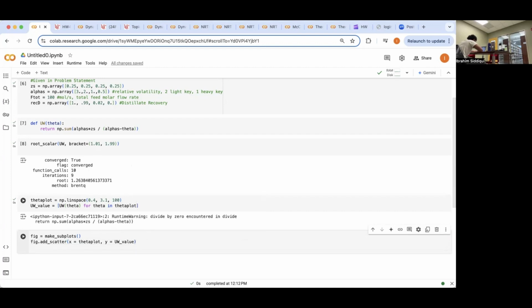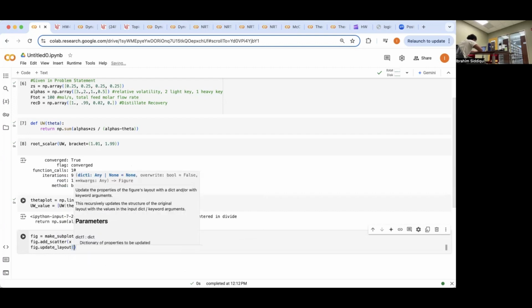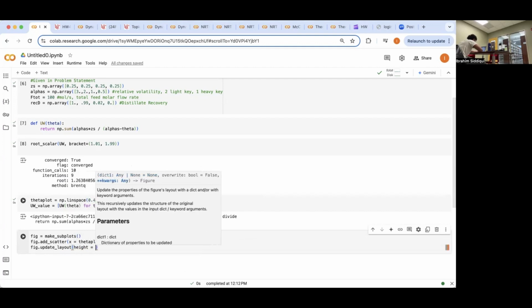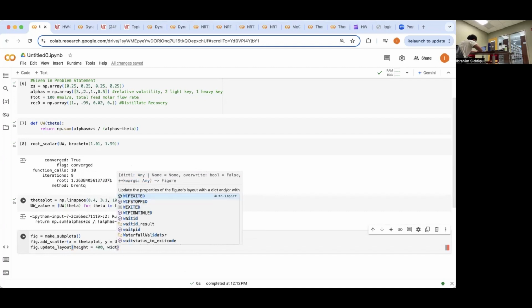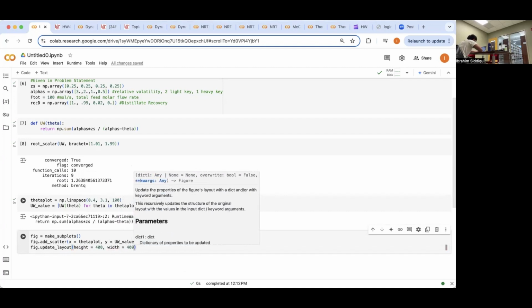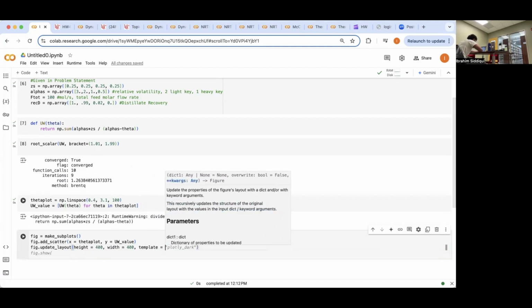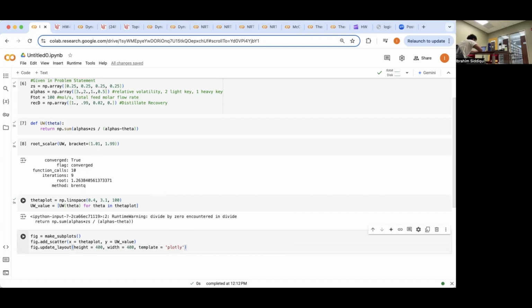Okay, and then we can also update our layout. So fig.update_layout, our height is going to be equal to 400. Our width will also be 400, and we'll change our template. So our template is going to be equal to plotly_dark. Okay, let's go ahead and shift enter that.